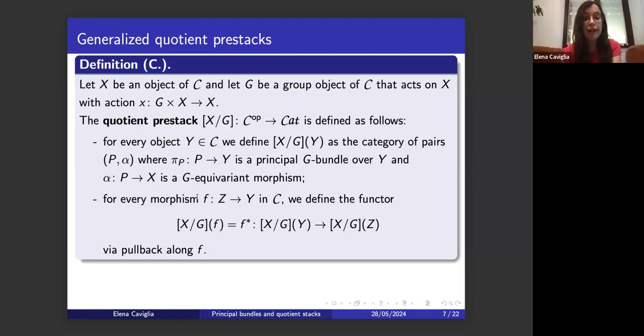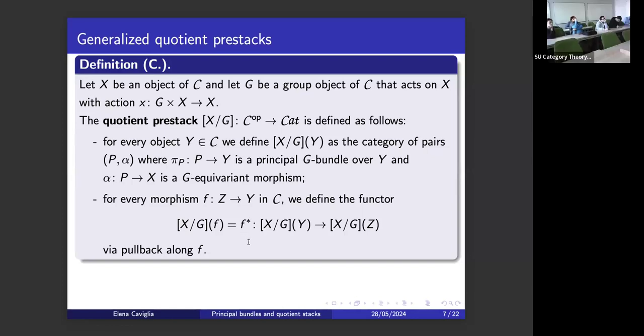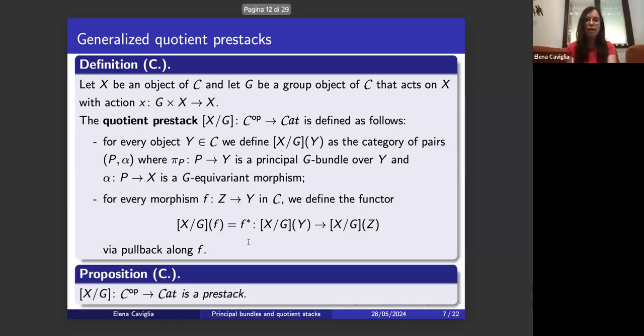And so the fact that principal bundles are closed under pullbacks allows us to show that this is a well-defined object. And moreover, this is a pseudo-functor, and so it is what we call a prestack. And this is due essentially to the fact that the pullback is pseudo-functorial.